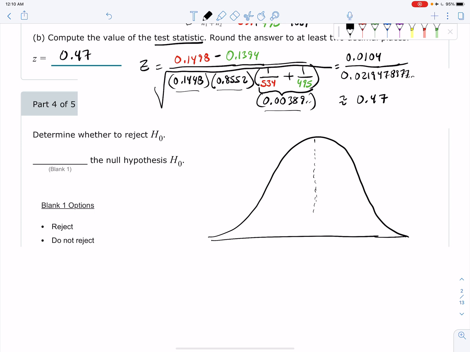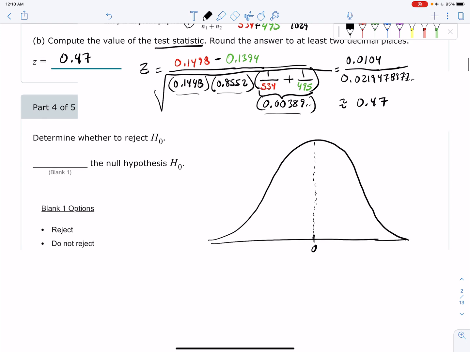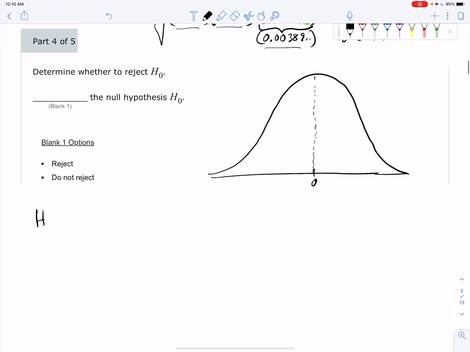Right here is 0, and that's our assumption, because remember our H0, our null, said that P1 equals P2. So if you subtract them, because this is the difference of two proportions, you get 0. So we're assuming that the difference of two proportions is going to be 0.